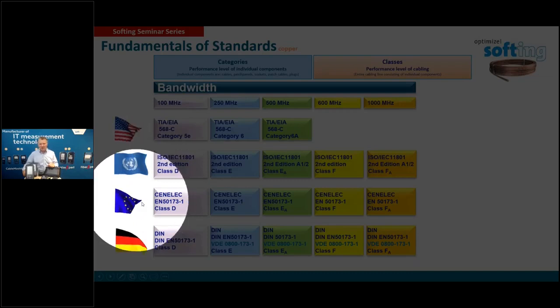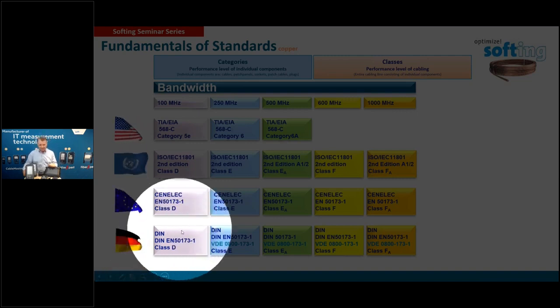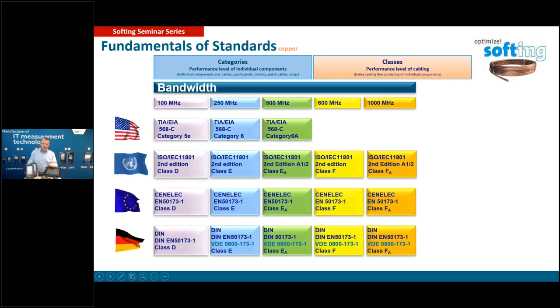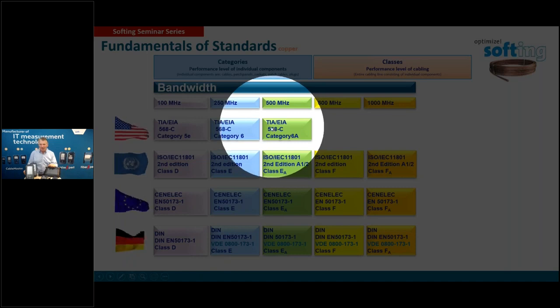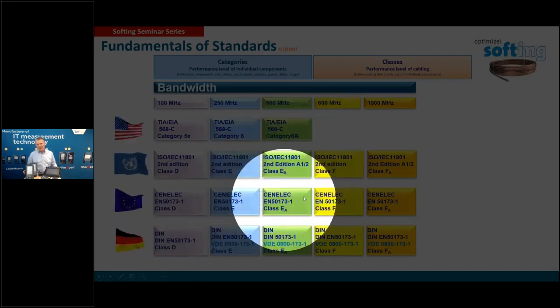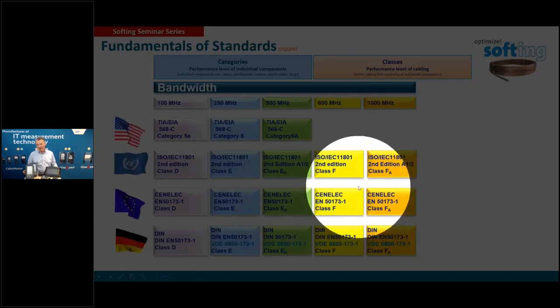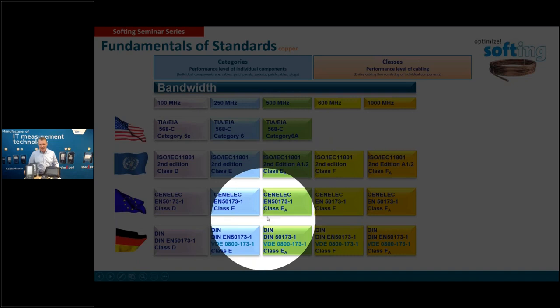This is the European side, CENELEC, and I have the German one in addition to that. But anyway, let's concentrate on the first three, and you will see that the American ones stopped at 500 megahertz. They stopped at the Cat6A version, and the international and the European ones go up to 1000 megahertz. But keep in mind 500 megahertz bandwidth.